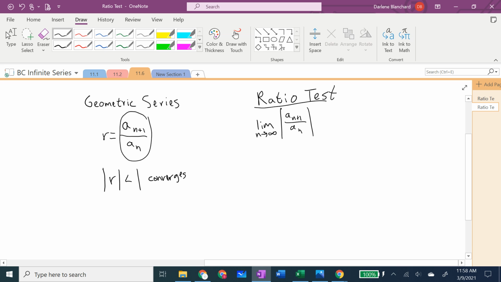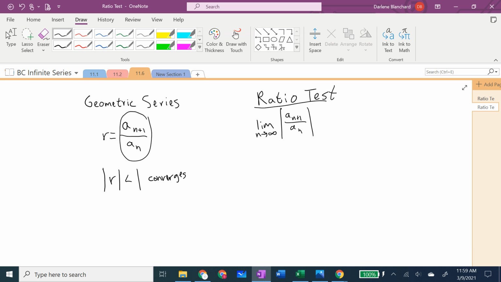Now, as you near the end of your infinite series, if you can go all the way down there and you find that this ratio is heading to a number, that means that in the end, it's beginning to behave like a geometric series.